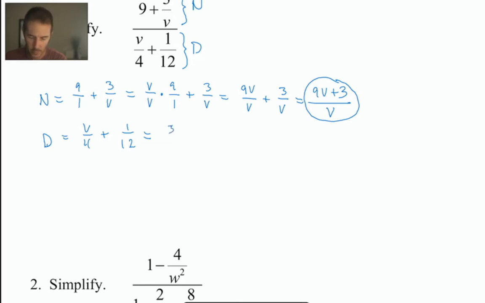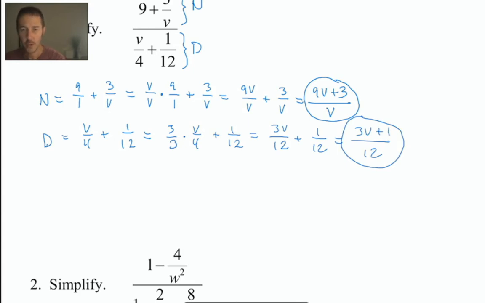So here we are, multiplying by 3 over 3 times the v over 4. Oops, we're not ready for an equal sign just yet. Bring along that plus 1 over 12. Now we can start to clean it up. Our first fraction becomes 3v over 12. The second fraction is still 1 over 12. We can write that all as one fraction now: 3v plus 1, all divided by 12.